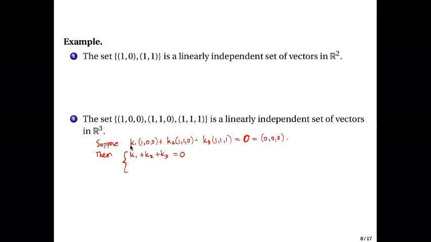For the second component, you have k1 times 0, that's 0, plus k2 times 1 plus k3 times 1, so k2 plus k3, equal to 0. For the third component, you have k1 times 0 plus k2 times 0 plus k3 times 1, so only k3, equal to 0. But look at this system.